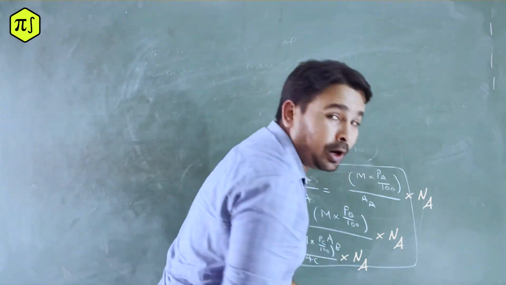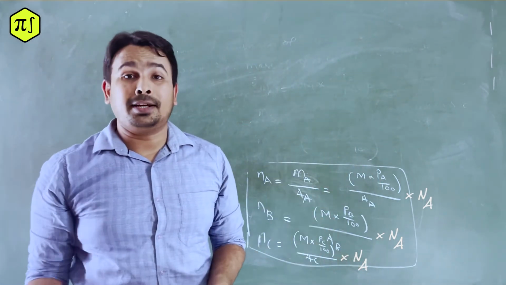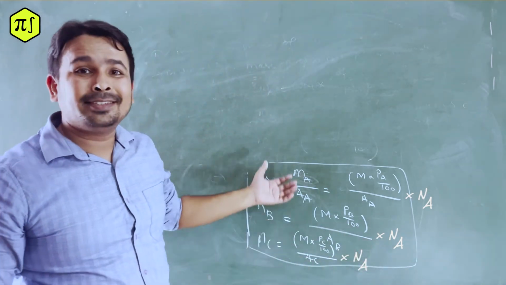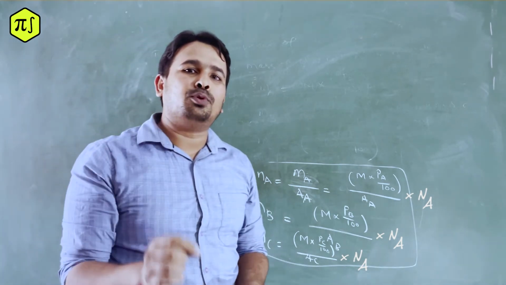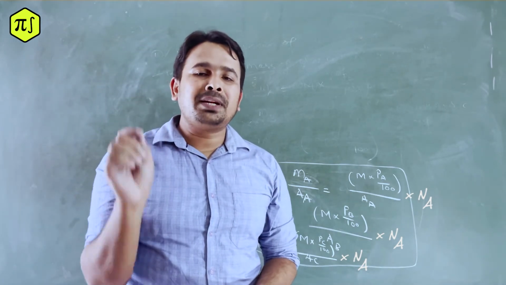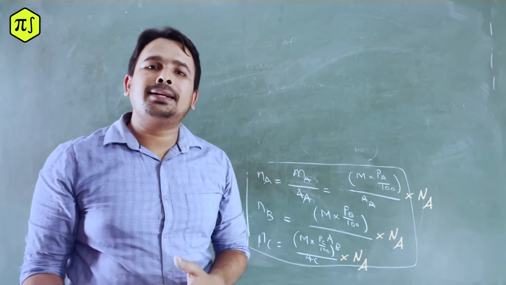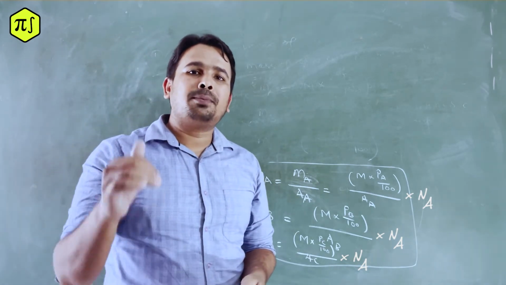Okay, guys, now you will find something interesting here. We are almost done, guys. This is the thing you had derived. Now see, from the basic formula of the empirical formula, from the definition, we can derive this one.